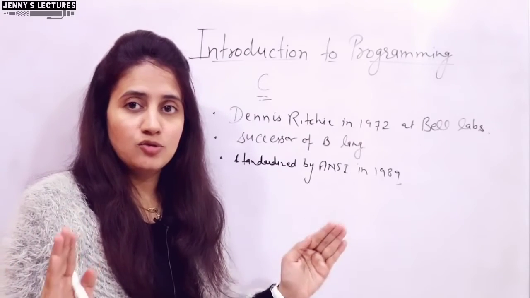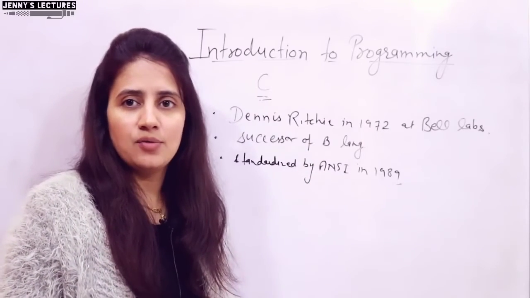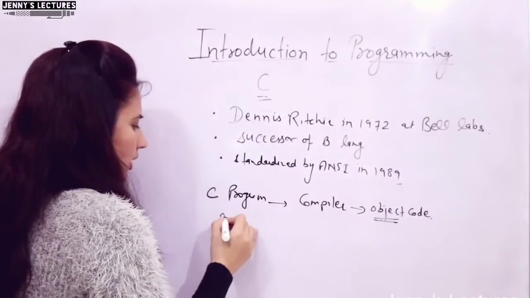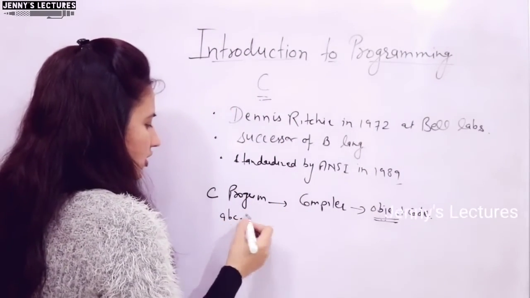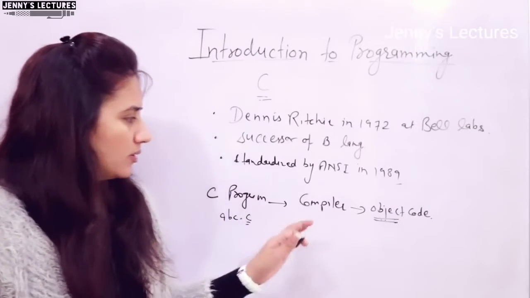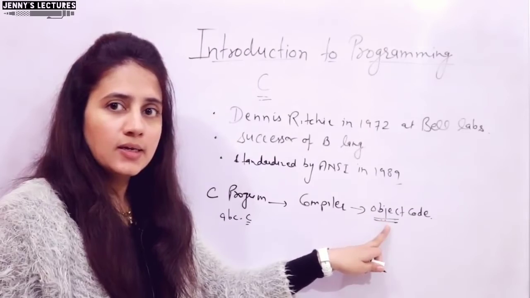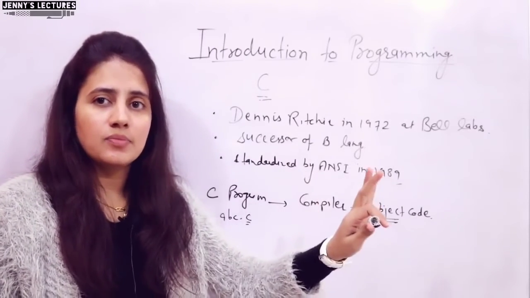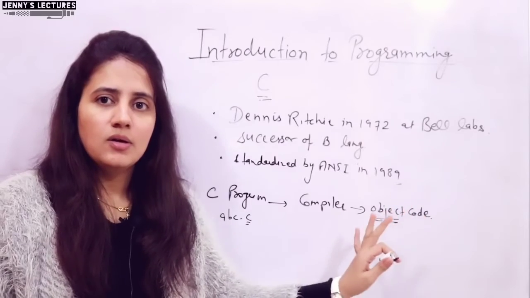The compiler. That is why it is known as a compiled language, right? And suppose the name of the program is ABC, and the extension of a C program is .c, right? So the compiler is going to convert it into that OBJ file, object code, machine level code, and then the CPU will run this program.